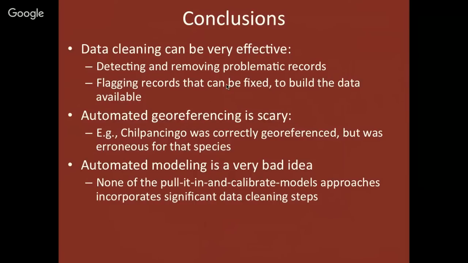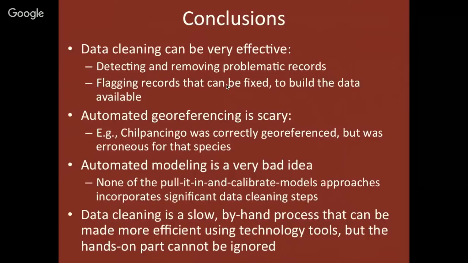I think that's a very bad idea. Why? Because none of those efforts, none of those initiatives incorporates significant hands-on human eyes looking at data cleaning steps. And I've just talked with you for an hour about why those steps are so important.